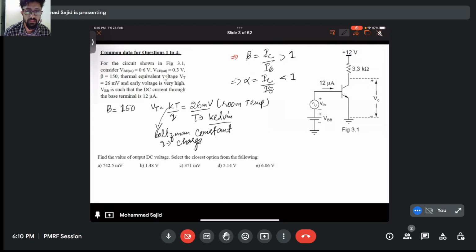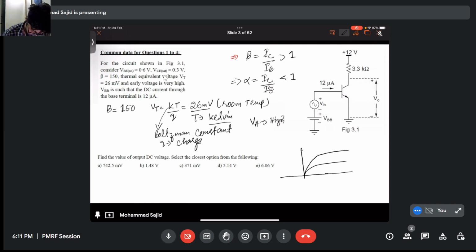Okay, now early voltage is given as very high. That means VA is very high. So what does that mean? We have studied this in the last session. What is early voltage for a BJT? If you have characteristics like this, IC versus VCE, early voltage is where you extrapolate these curves on the voltage axis, right?